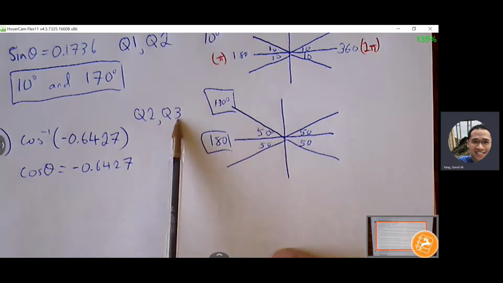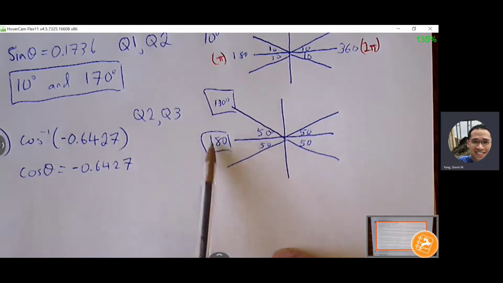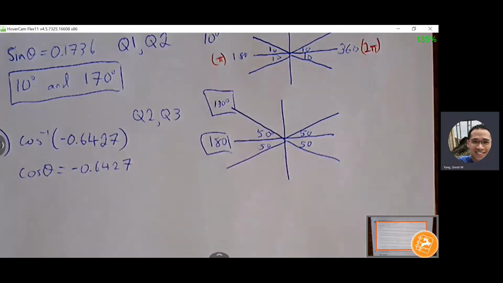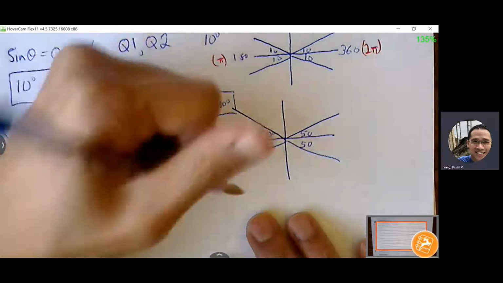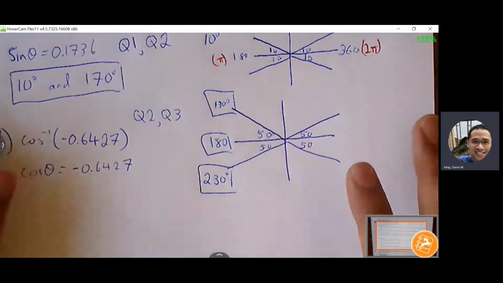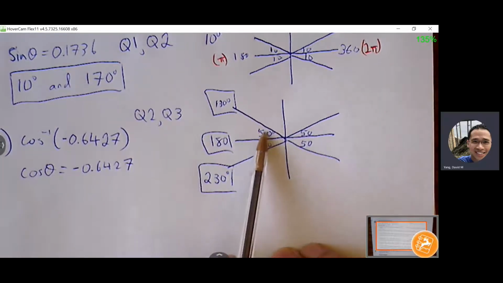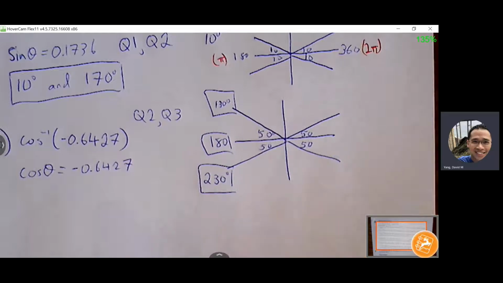But then to get to the third quadrant value, we know we have to involve 50 degrees. So 50 plus 180 will give us what? 230. Yeah, that's the thing that's a little bit trickier about cosine: we have to work backwards to figure out what that reference angle is, and then from there we can decide which quadrant we want to live in.